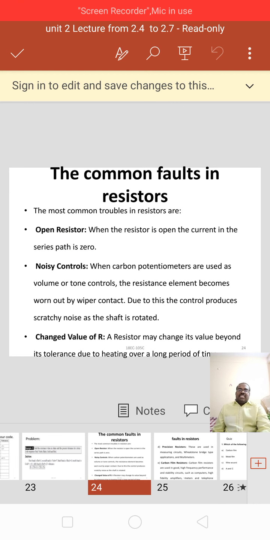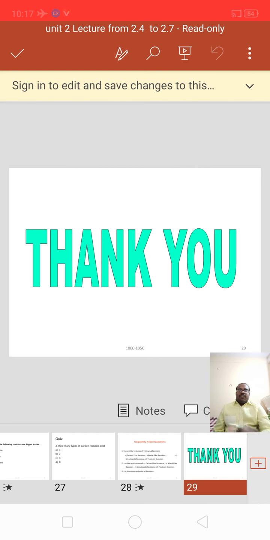Last but not the least, common faults in resistors: open resistors, noisy controls, and changed value of resistance also. Thank you for hearing my lecture regarding the applications and features of resistors, faults in resistors, as well as identification of resistance value using the 4 band and 5 band color band technique.